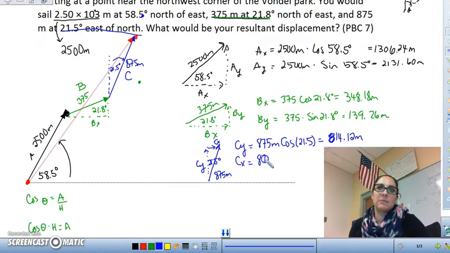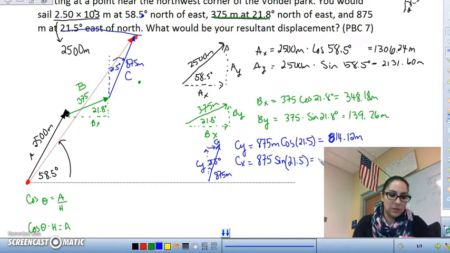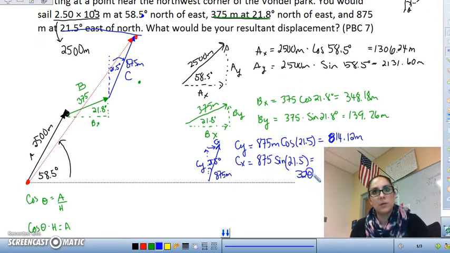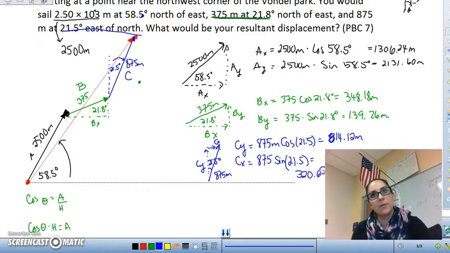And that's going to be 875 sine of the angle. Sine because we're opposite. So your angle is measured here, and it's opposite. That's why we're doing it like that. Sine 21.5. So this one is 320.69. I can't write over myself. Meters. I tried.